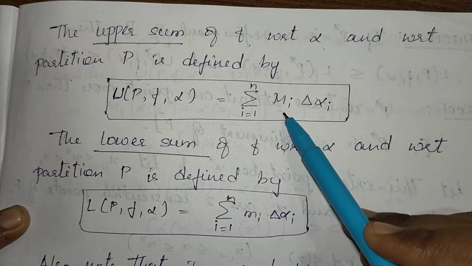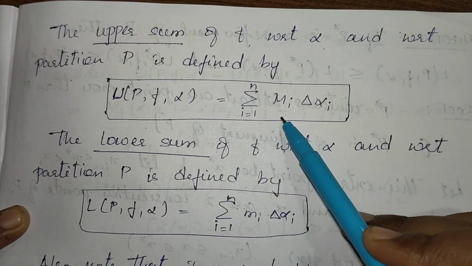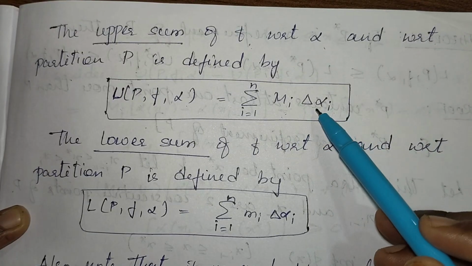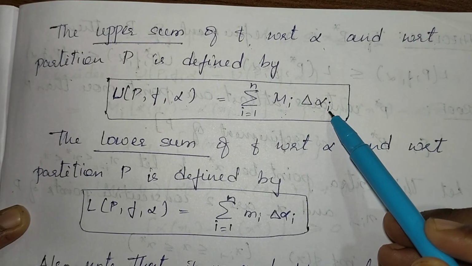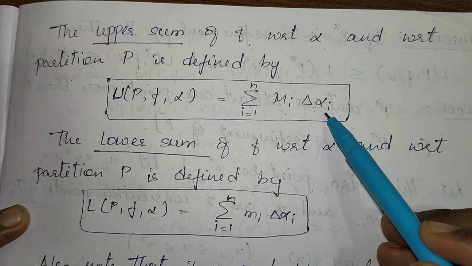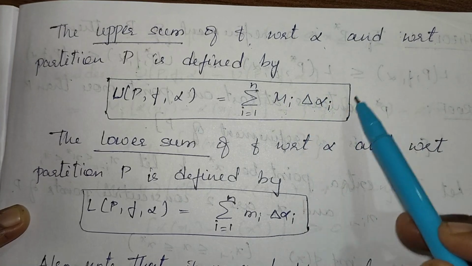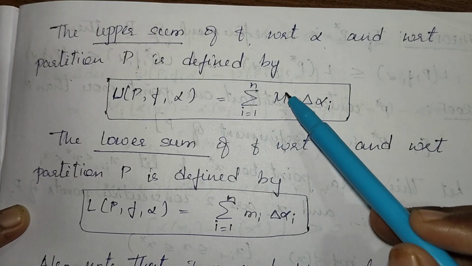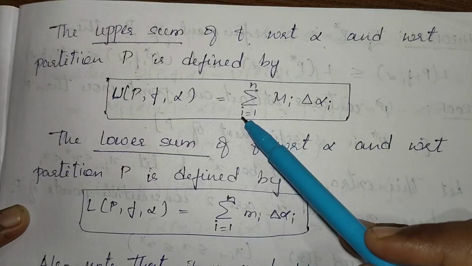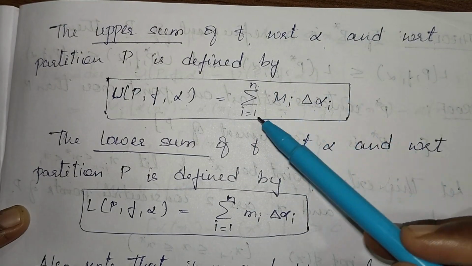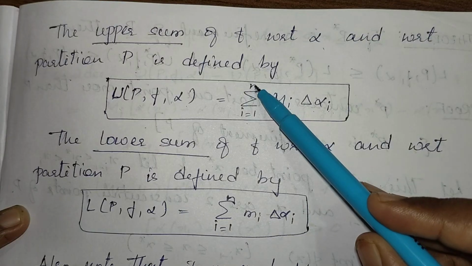It is the supremum of f on the closed interval [xi minus 1, xi], and this delta alpha i is alpha of xi minus alpha of xi minus 1. And here you are summing up all M1, M2 etc. for i equal to 1 to n.